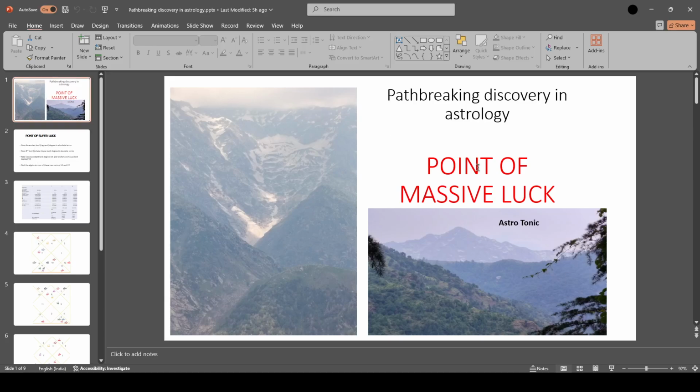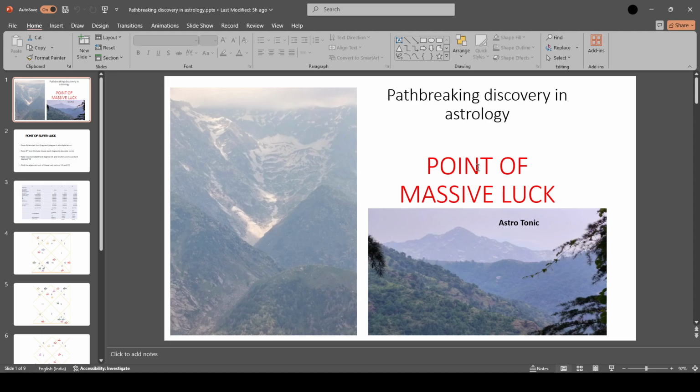We have observed that at certain times when there is a headwind, it is difficult to sail, and when there is a tailwind, it is easier. Similarly, there are points of massive luck, and there are also points of tough luck in astrology.